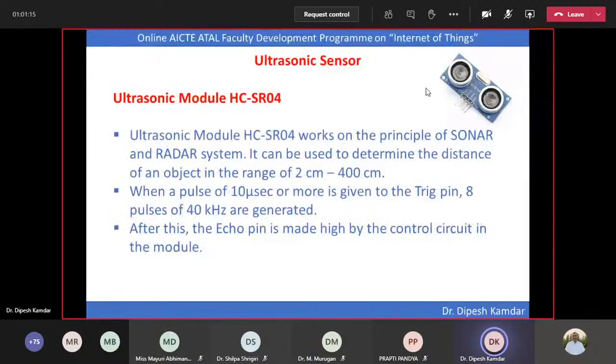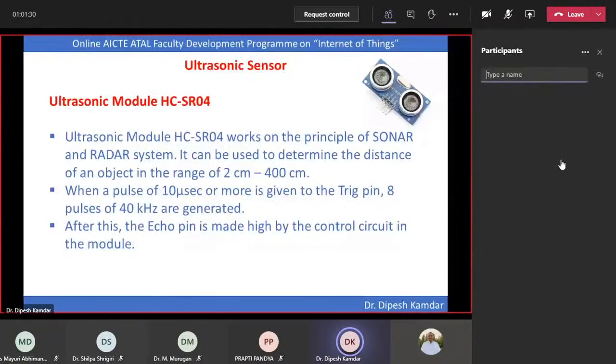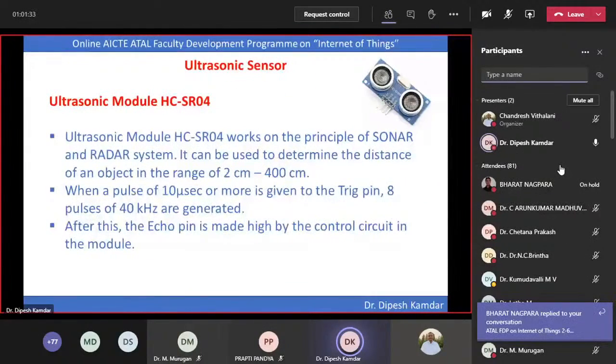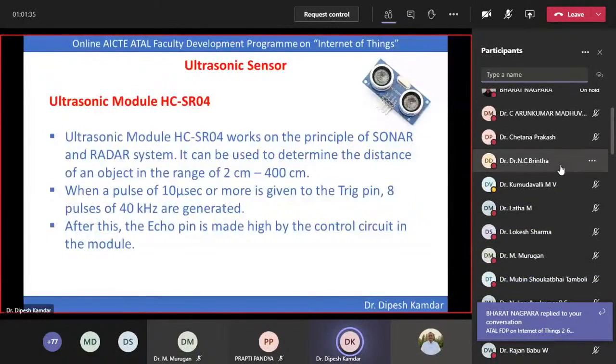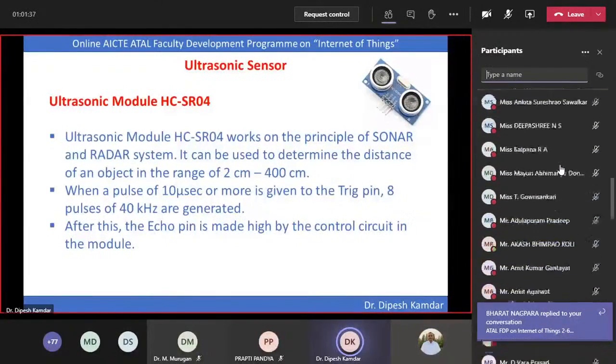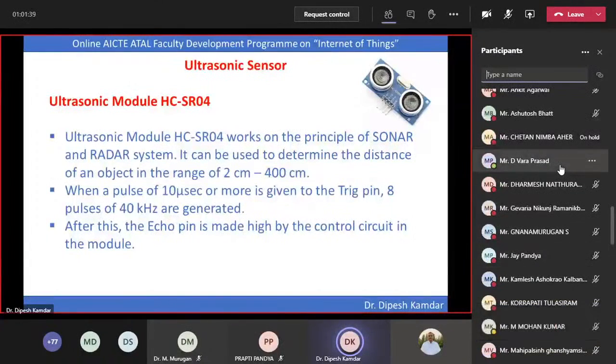In the same way, there is an ultrasonic sensor, which is also used for finding the distance from 2 centimeters to 400 centimeters, but the working principle is changed. Proximity sensors transmit infrared pulses, while here we will transmit acoustic pulses.